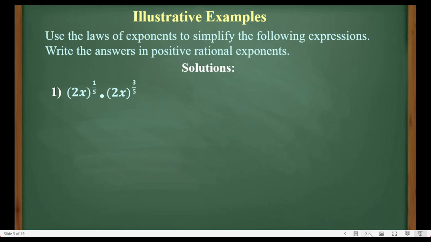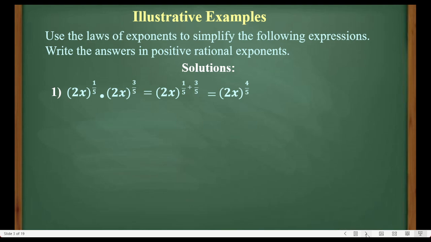Under this law, if we multiply powers of the same base, we simply copy the base and raise it to the sum of the exponents of those powers involved. So we have 2x raised to 1/5 plus 3/5, and finally we have quantity 2x raised to 4/5.